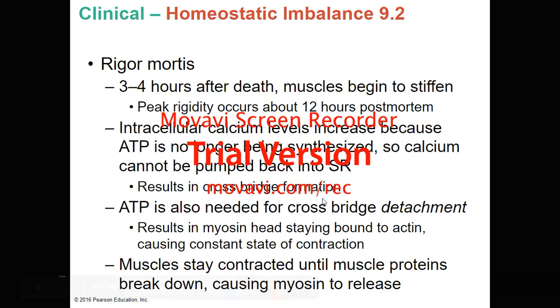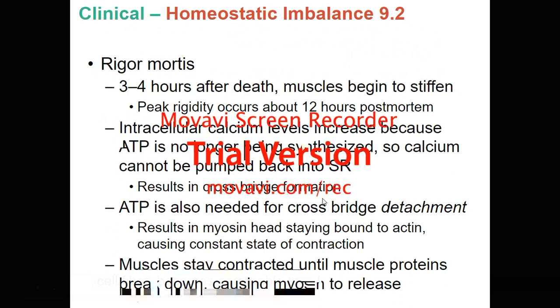All right, so this slide just has some questions and then answers that you write. So what is the name of the piece of connective tissue that surrounds an individual muscle cell? Endomysium. The gap between the axon terminal and sarcolemma is the synaptic cleft.